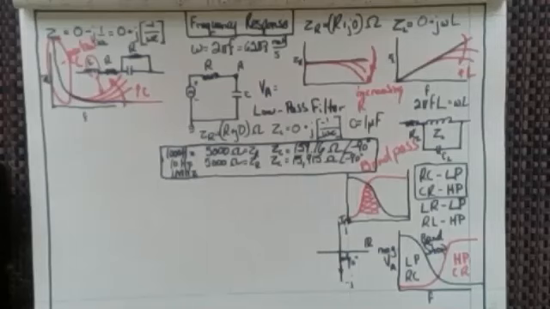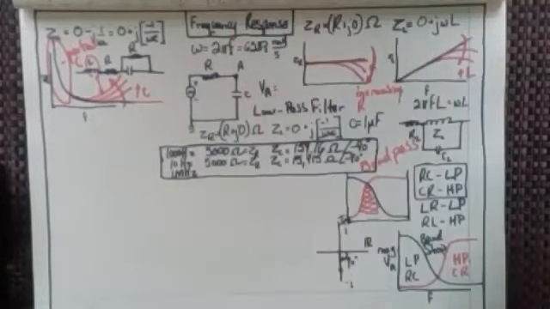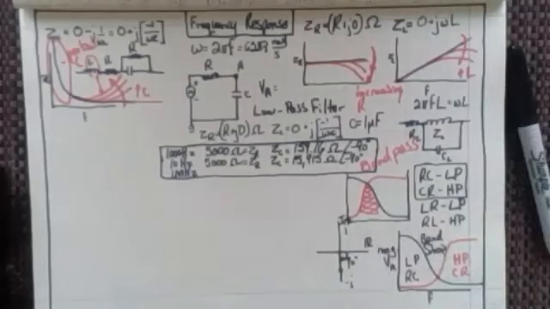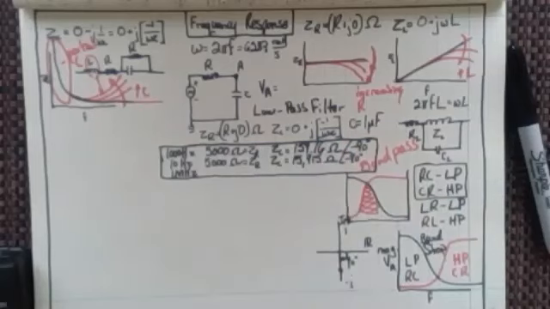So at 1 megahertz, this would be 6.283 mega, right? And then I'd have to multiply that by the 1 microfarad. Oh, I think I screwed that up.